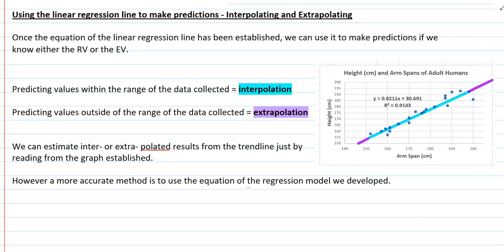For example, if I had an arm span of 170, I'd go up from the arm span and then up to the trend line and then across to the height. That corresponds with, from what I can see, roughly 170 centimeters height. However, a more accurate method is when I use the equation of the regression model we've developed. And we'll look at examples of that now.